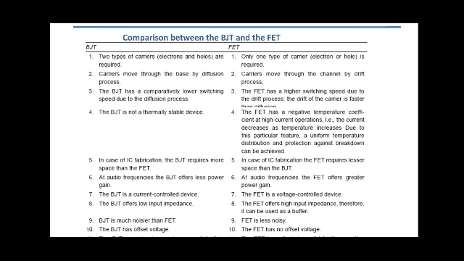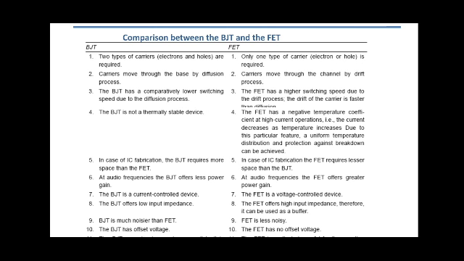Okay. Next, BJT offers low input impedance, whereas a FET offers high input impedance. Okay, so once again, this is due to the construction. Based on the construction, we are having this feature.